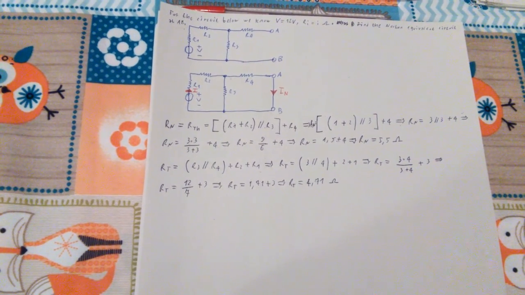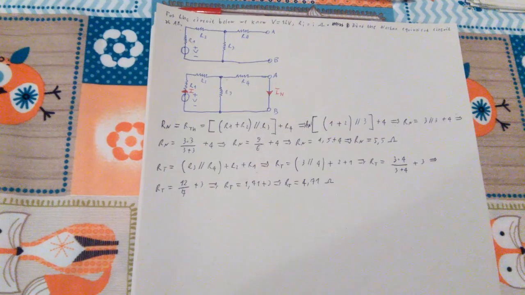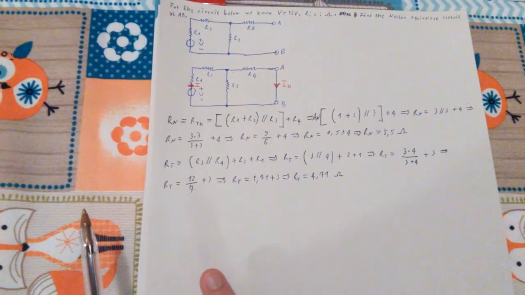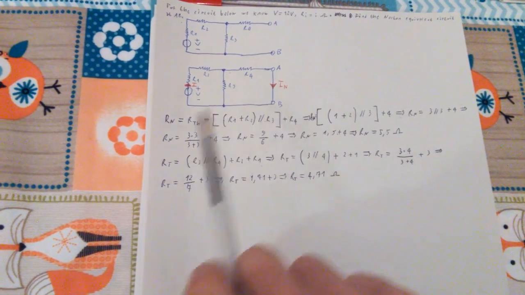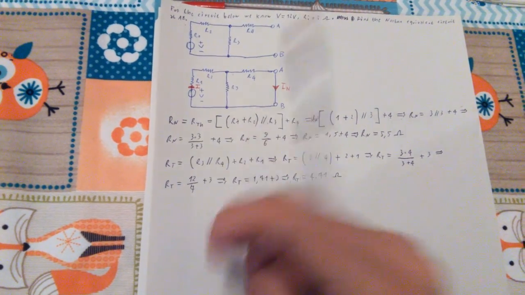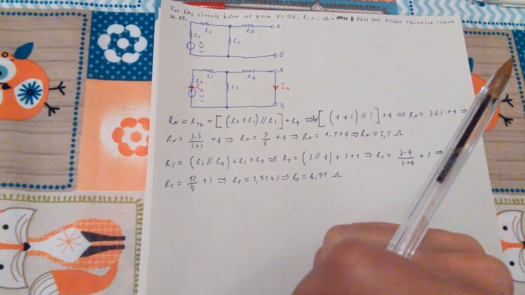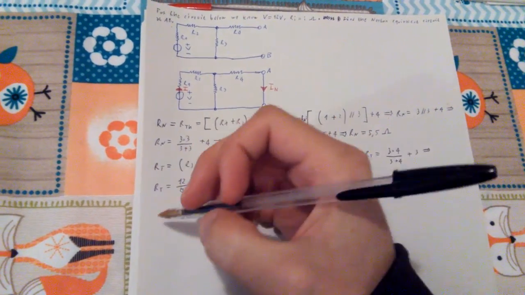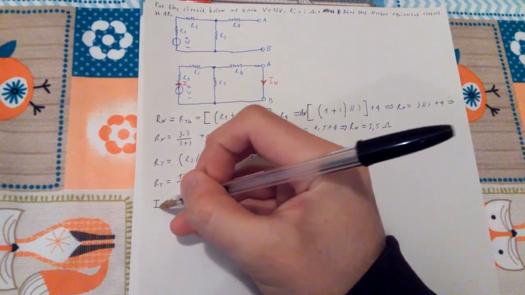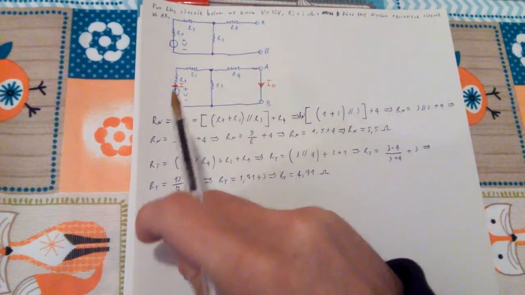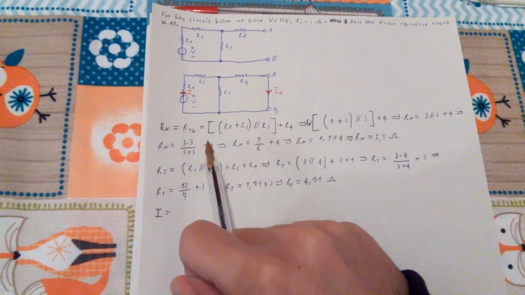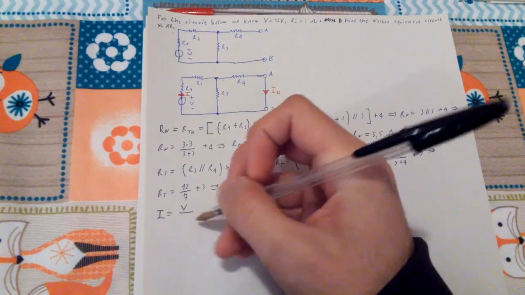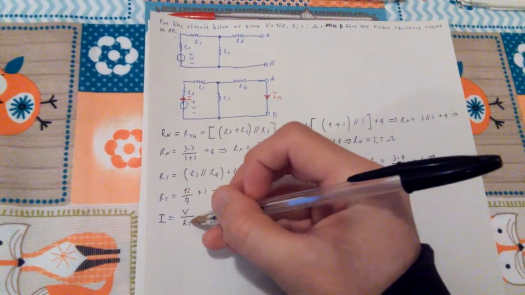So now I have everything I need to find I. So this I here, aside from the I of n. So I'm just going to find I, and I'm going to find I of n. If you still remember Ohm's law, it's just going to be the voltage over the total resistance.